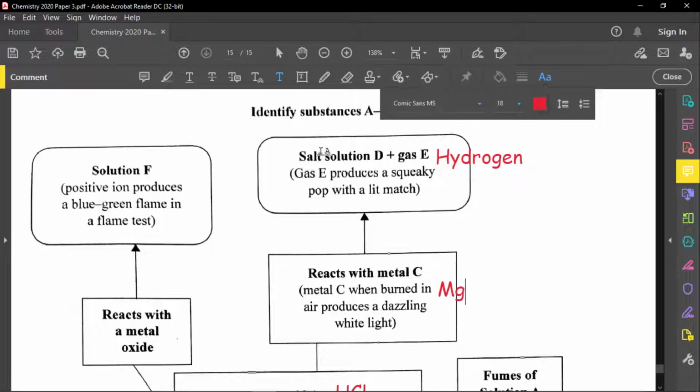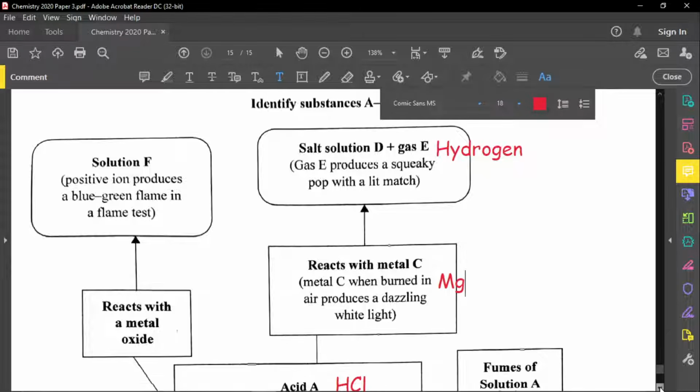But we want to figure out what the solution is. Because if it's magnesium reacting with hydrochloric acid, remember, hydrochloric acid is the center of the thing right here. So if hydrochloric acid reacts with magnesium, then it must give magnesium chloride, okay? So magnesium chloride is D, magnesium chloride. Yeah?